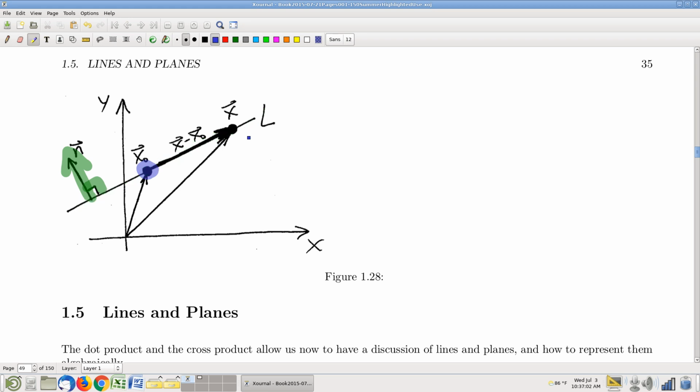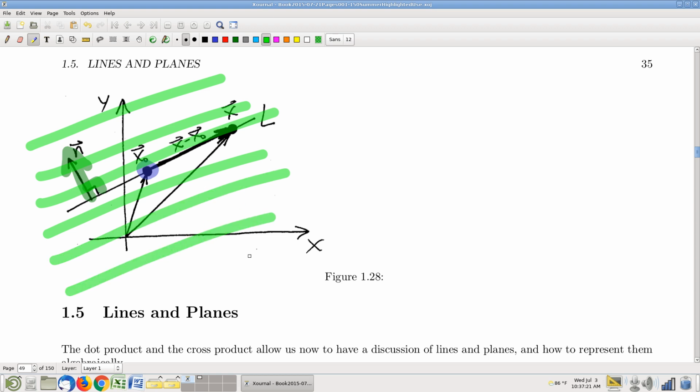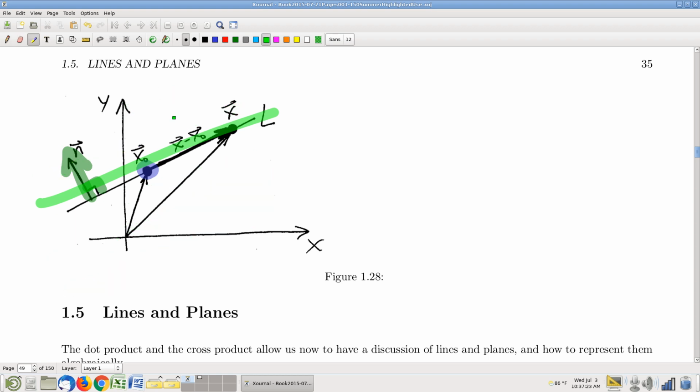If I tell you, hey, I'm talking about the line that's perpendicular to n and that passes through that point x naught, well, there's exactly one line that is perpendicular to n and passes through x naught, right? These are the only lines that are perpendicular to n, and exactly one of them is going to pass through x naught, if I can draw competently. There we go.